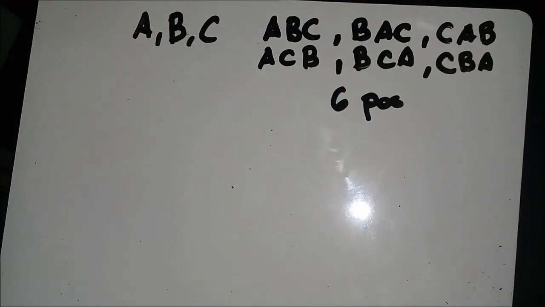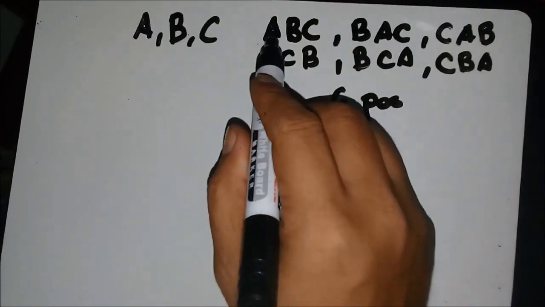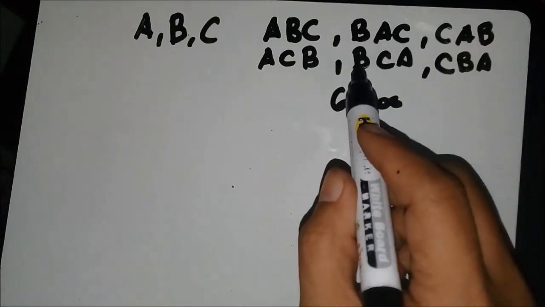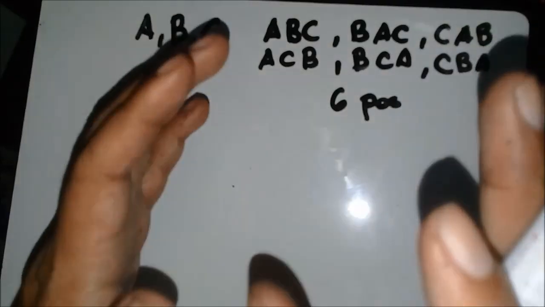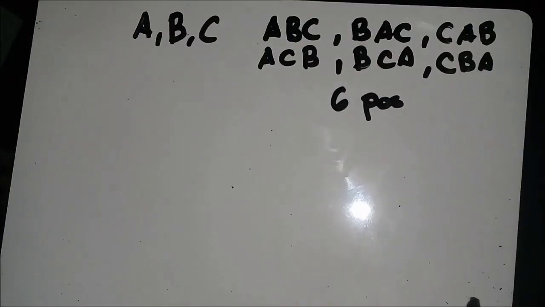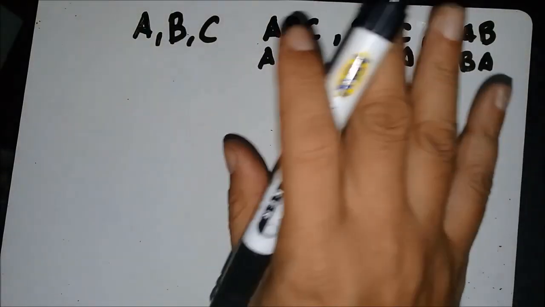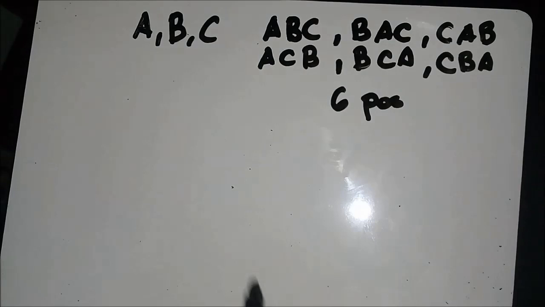Okay. Notice in permutation that it reads ACB, ABC, BAC, BCA as different and distinct arrangements. But in combination, where order doesn't matter, it is simply one combination.